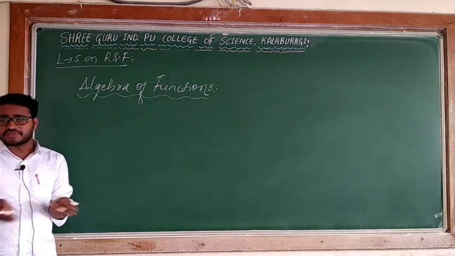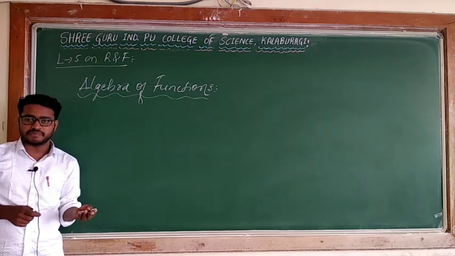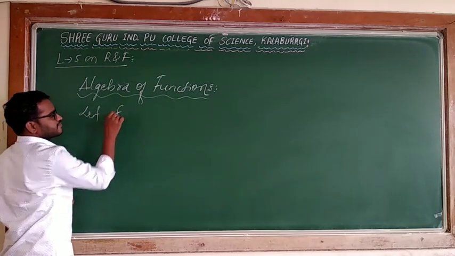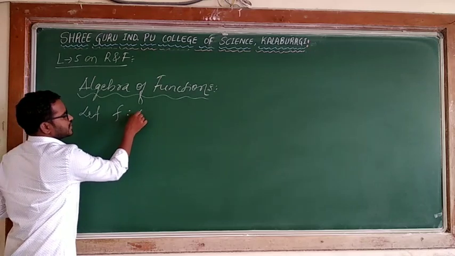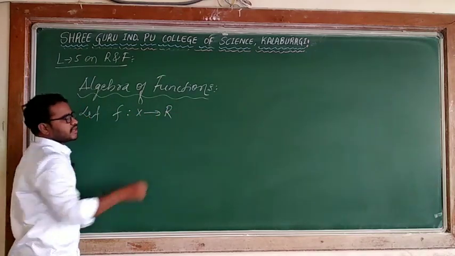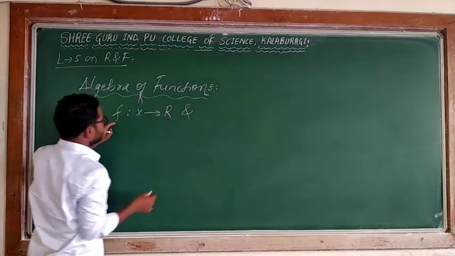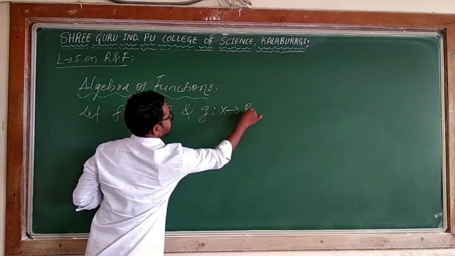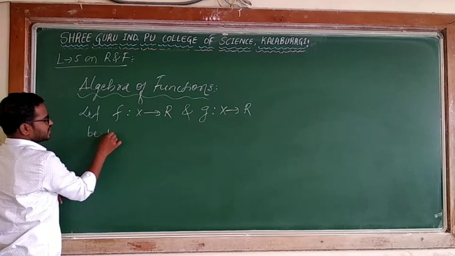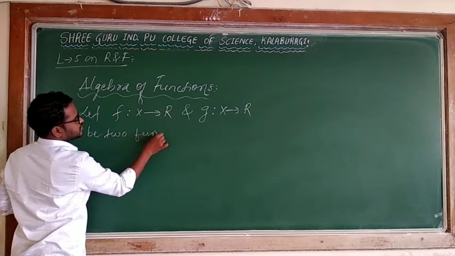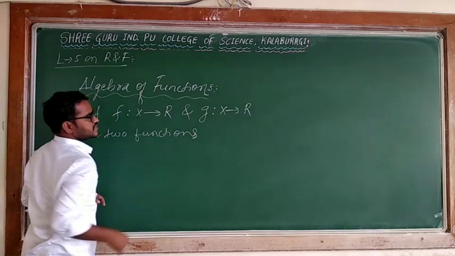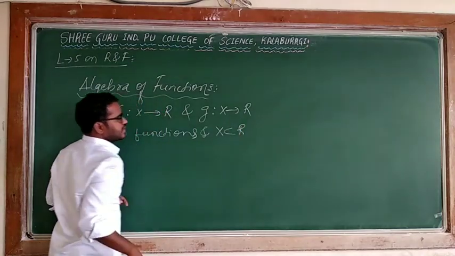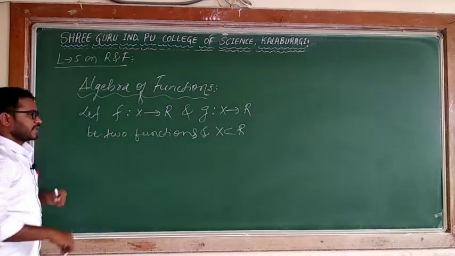If you want to subtract, you can subtract two functions, and multiply and divide as well. Let f from X to R and g from X to R be two functions, and X is always a subset of R. What is R here? R is the real numbers.